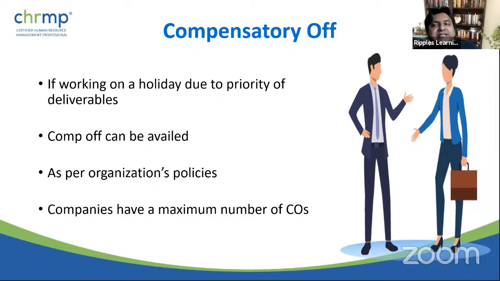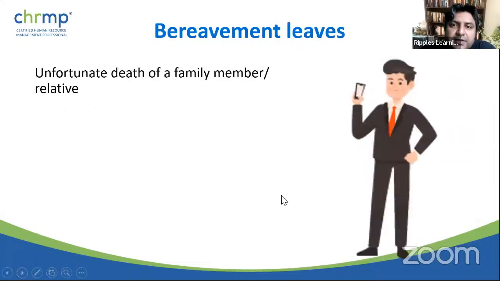Are there any previous cases in which some important work was not completed, or adjustments needed to be made because of situations like these? All of it is something that you need to ask when you think of dwelling deeper into how you would want to create a compensatory off structure in your organization, right?